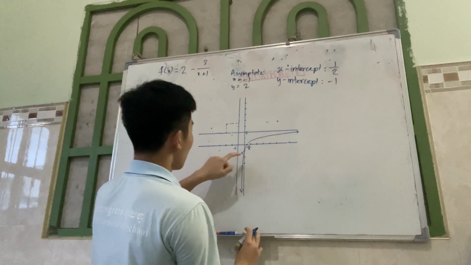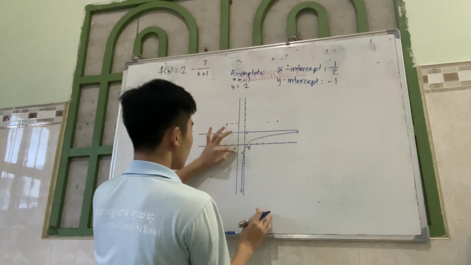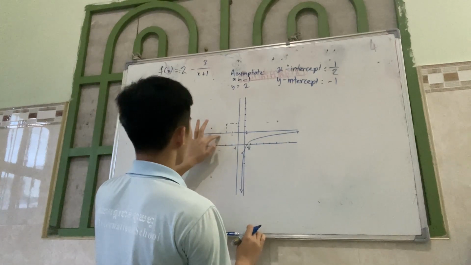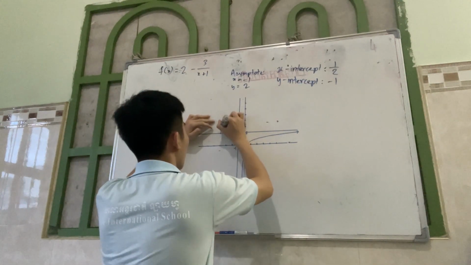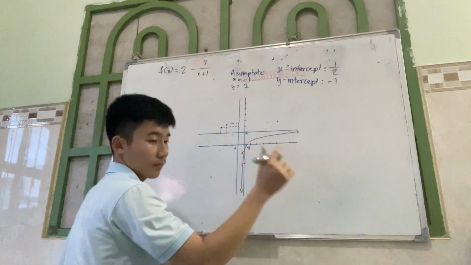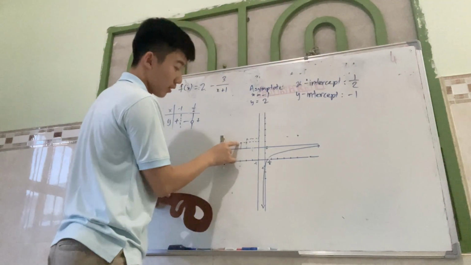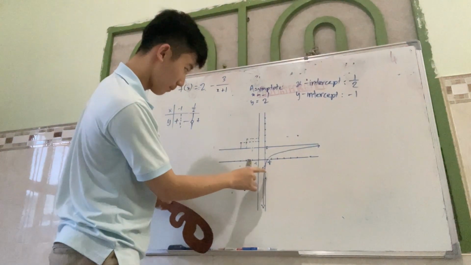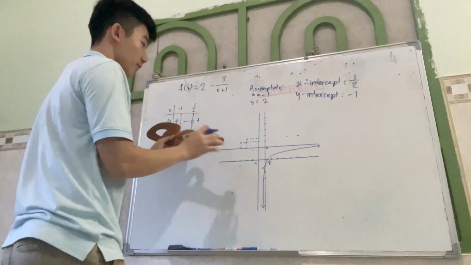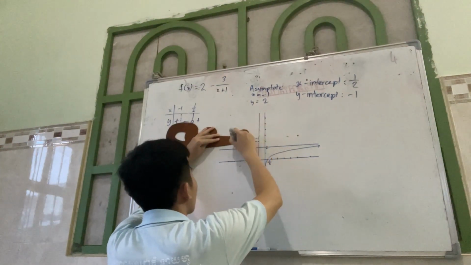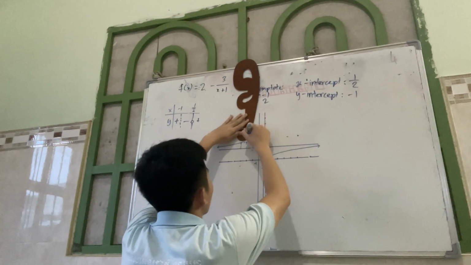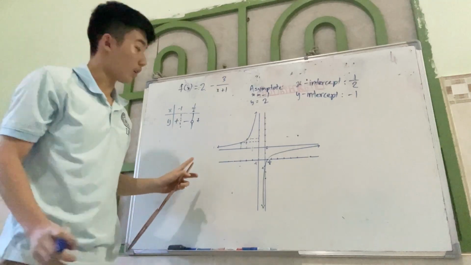And this one goes here by 2, it's 3 and 1. So we go here 2, 3 and 1, which is this point. Now we will draw it up here. So this is the point that we marked. This point reflects from this one, and this point reflects from this one. I will draw the reflection. So this is our graph.